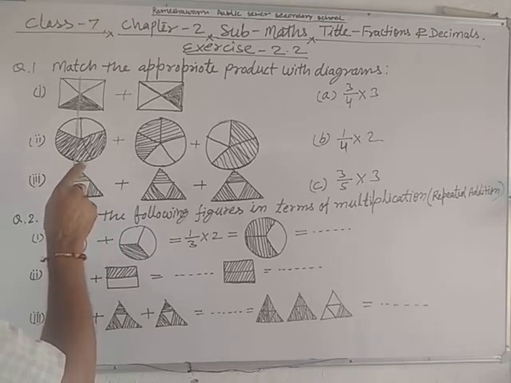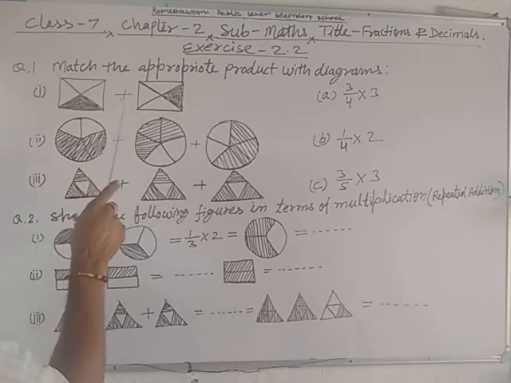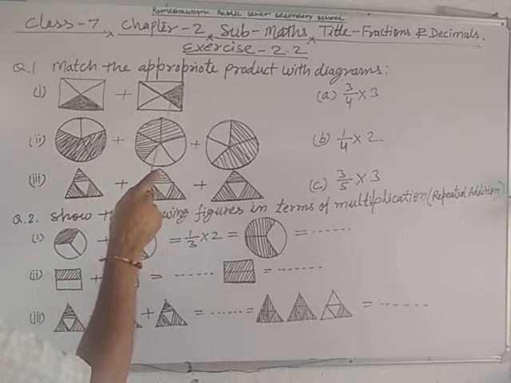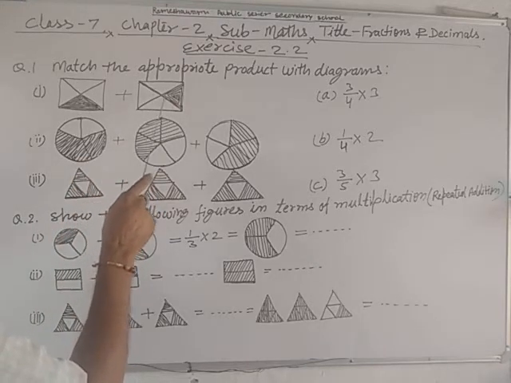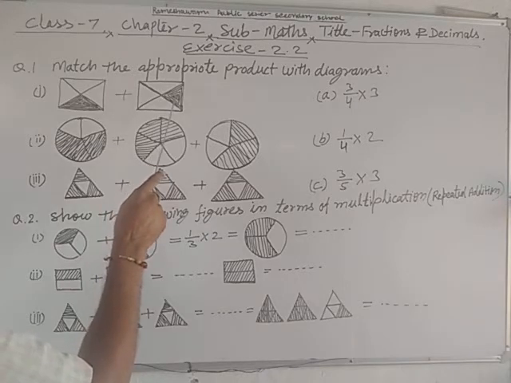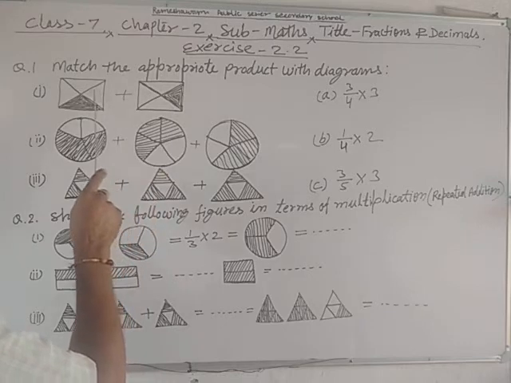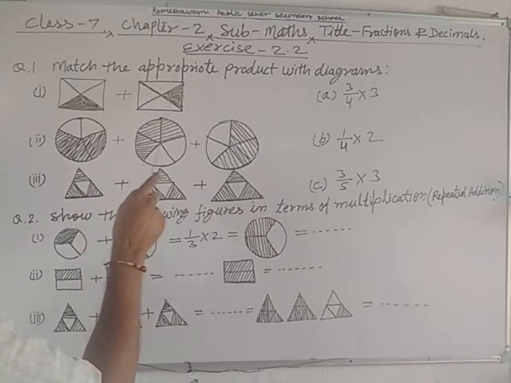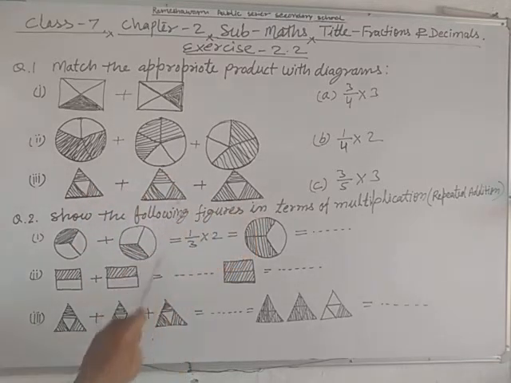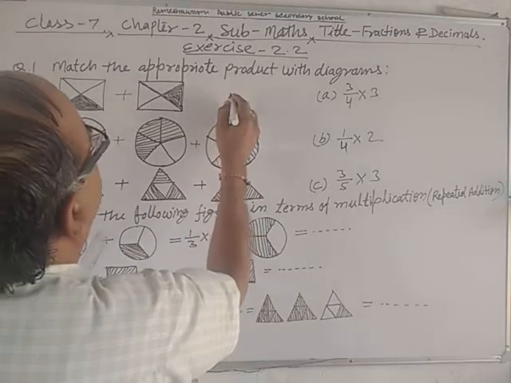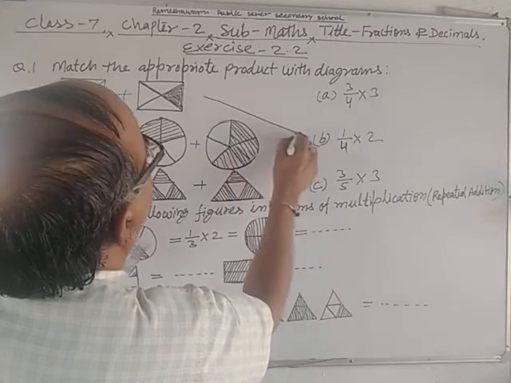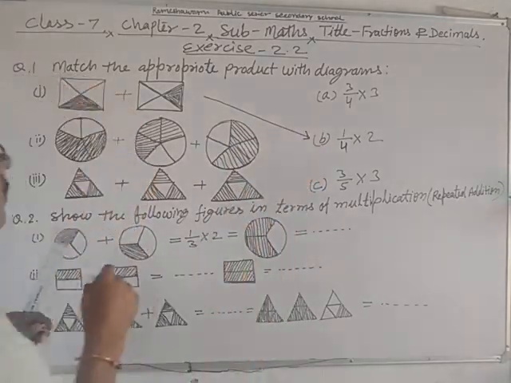And this is also 1 by 4. 1, 2, 3, 4 and 1 is shaded. So 1 by 4, 1 by 4 into 2. The right answer is this, B.